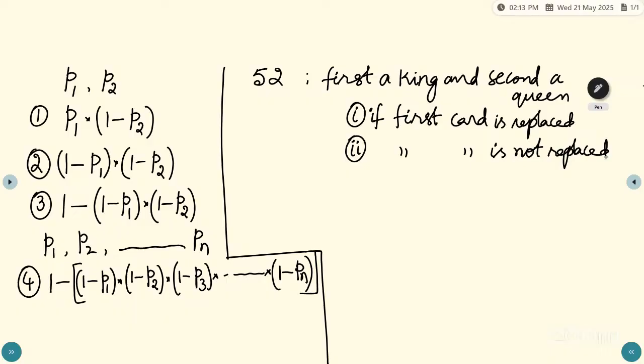Right. Now, here, the event of drawing king and the event of drawing queen, both are independent. It was not mentioned, and it will not be mentioned. Even if it is not mentioned, you need to identify whether they are dependent or independent.